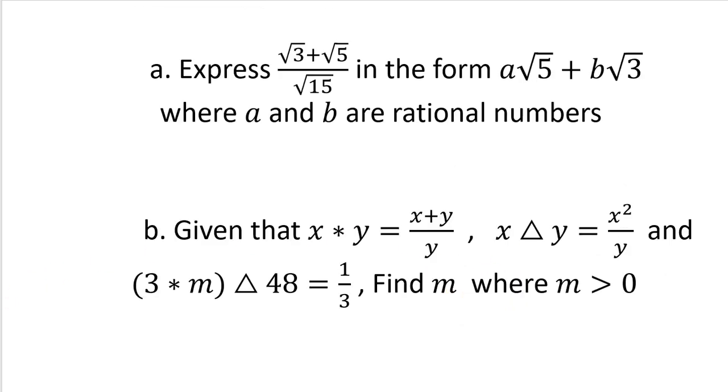For the B part of the question, it says given that x star y is equal to (x plus y) over y, and x triangle y, the triangle operation, is equal to x squared over y. And the question wants you to find m if you are considering this particular equation. All right, so we want to try expanding this equation.